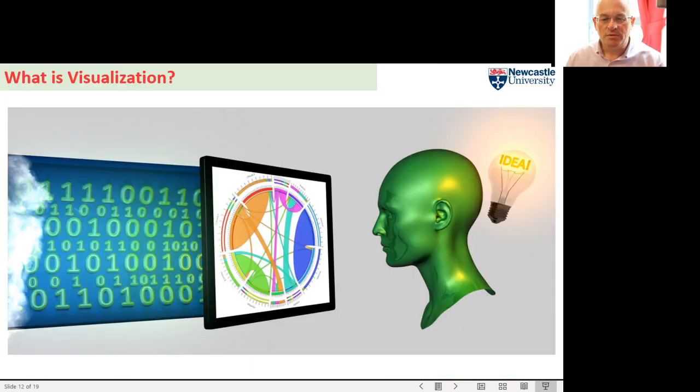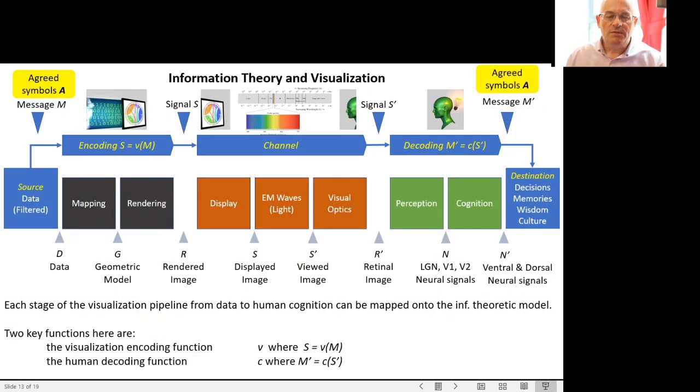So if we go back to our picture of visualization, how does that look from an information theoretic viewpoint? You can divide the pipeline of sending a visualization into these different stages, which is more straightforward than it looks. On the left, you have a digital system taking data, mapping it to geometry and colors, and rendering it, producing an image which is put onto a display.